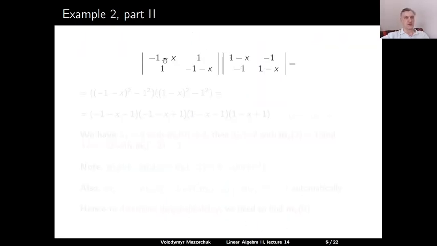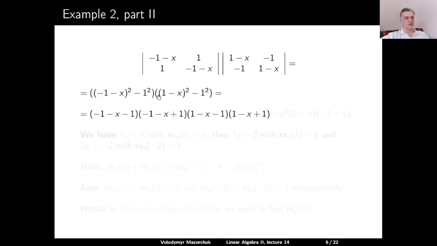So we have the determinant of the 2 times 2 matrix minus 1 minus x, 1, 1, minus 1 minus x, and the determinant of the 2 times 2 matrix 1 minus x, minus 1, minus 1, 1 minus x. So the first determinant is minus 1 minus x squared minus 1 squared, and the second determinant is 1 minus x squared minus 1 squared.